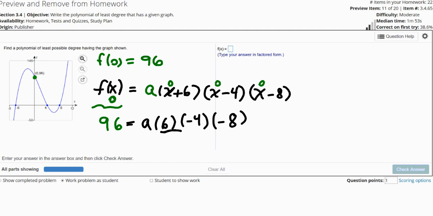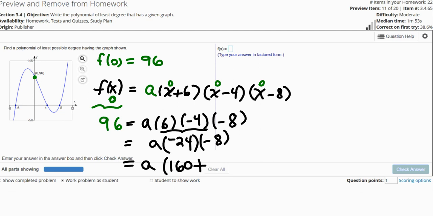Then simplifying this further, I have 6 times -4 is -24, and then -24 times -8, and the a is still there. So then we have a, the negative times a negative will give us a positive. Then 8 times 20 is 160, and 4 times 8 is 32.